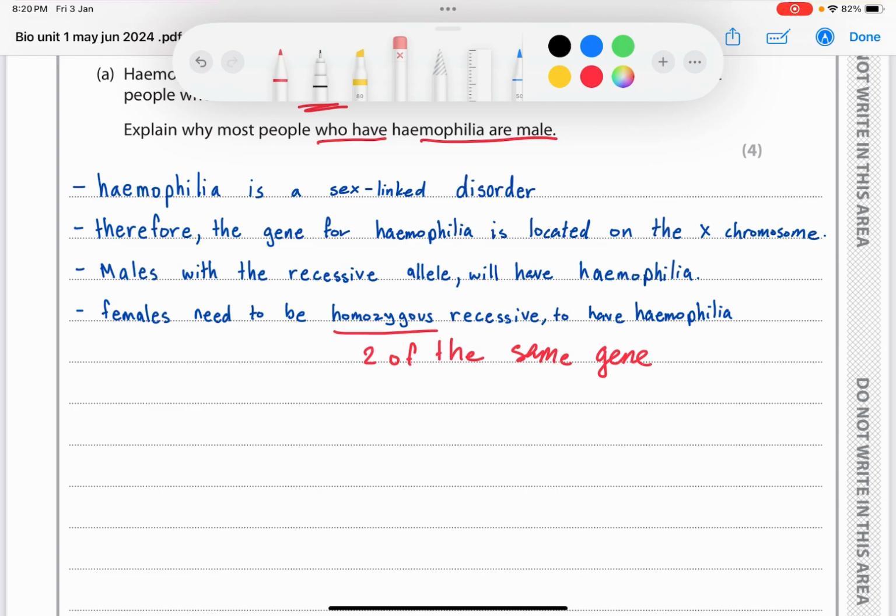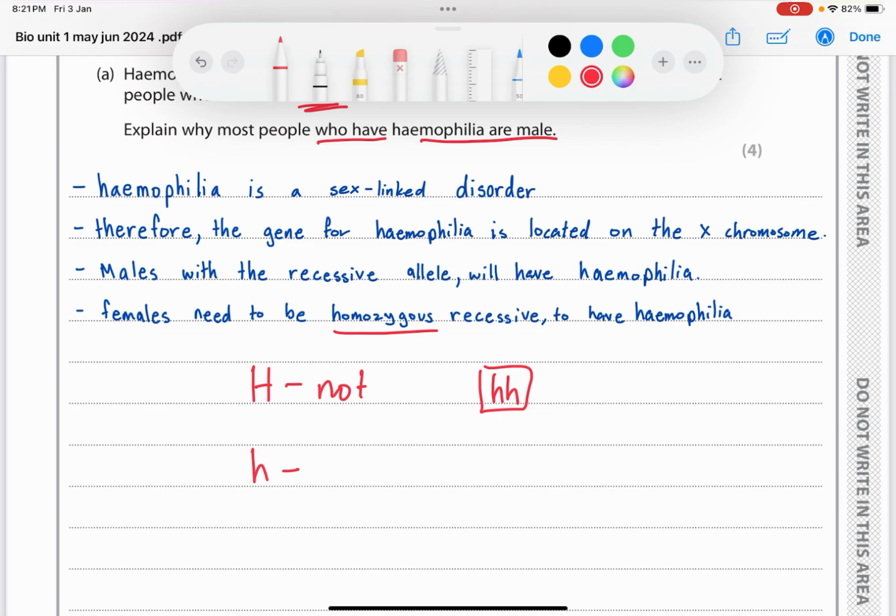So, if for example we have H for not carrying hemophilia, and h is carrying hemophilia, a woman or a female would need to have hh as her alleles to have hemophilia.